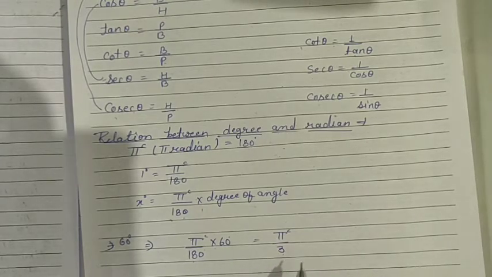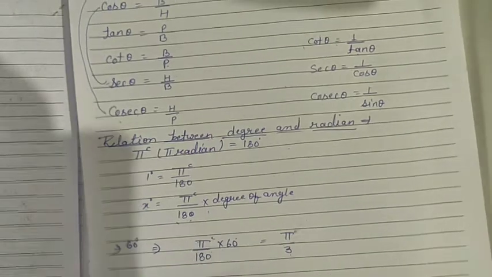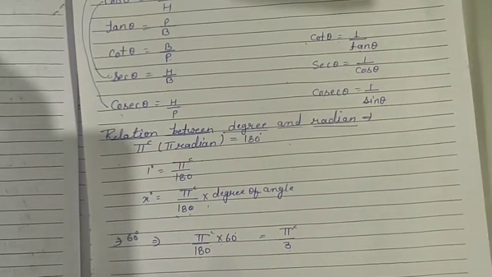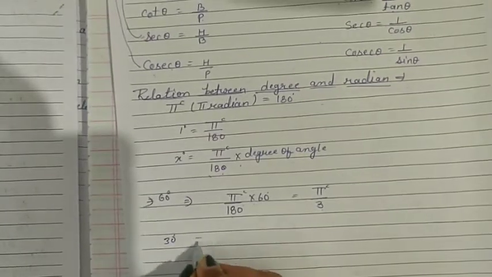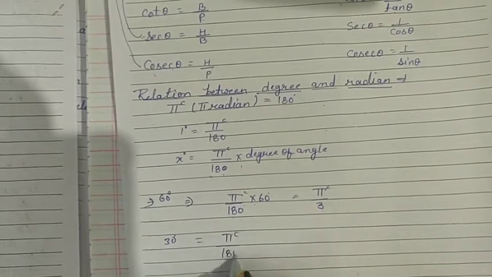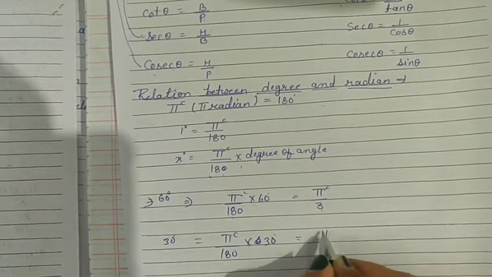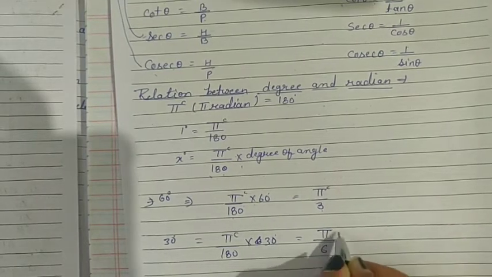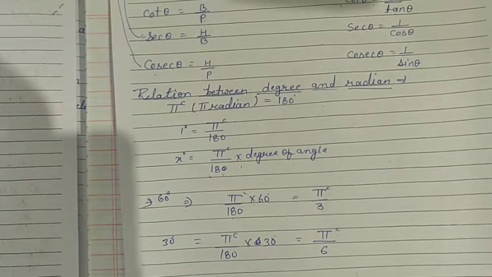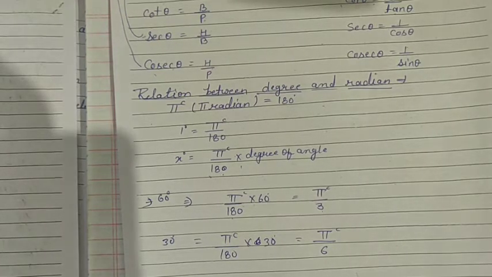So 60 degree equals pi upon 3. And if we want to change 30 degree, then pi radian upon 180 into 30 degree is equal to pi upon 6 radian. Okay students, so this is the relationship between degree and radian.